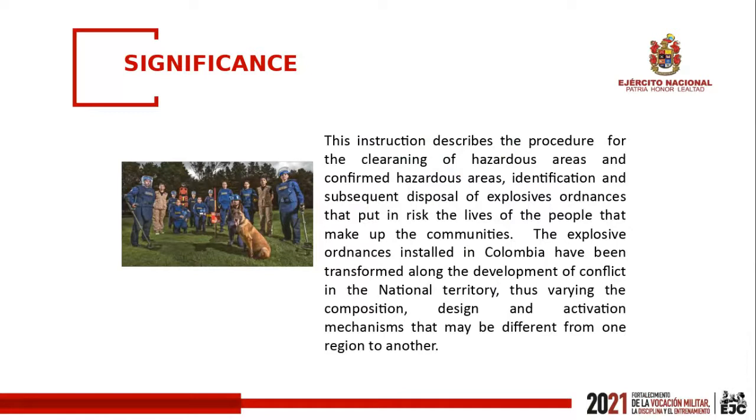This instruction describes what is the correct process for making the clearance of the hazardous areas and the confirmed hazardous areas, the identification, and what is the subsequent process for the disposal of the explosive ordnance that always puts at risk our lives or the lives of the people that live in that farm or in the place where you found explosives. And what is the step by step for you to make this technique.